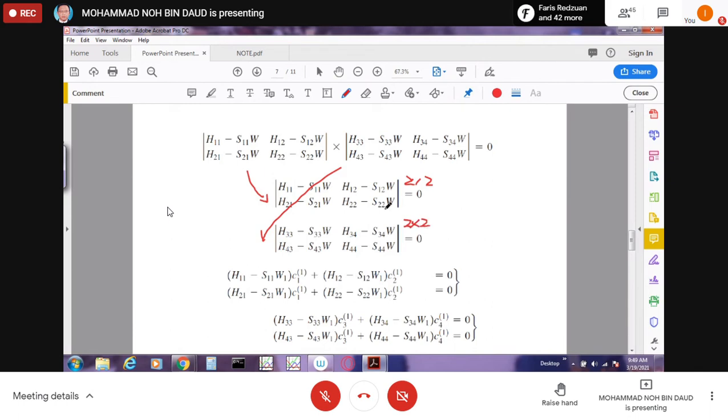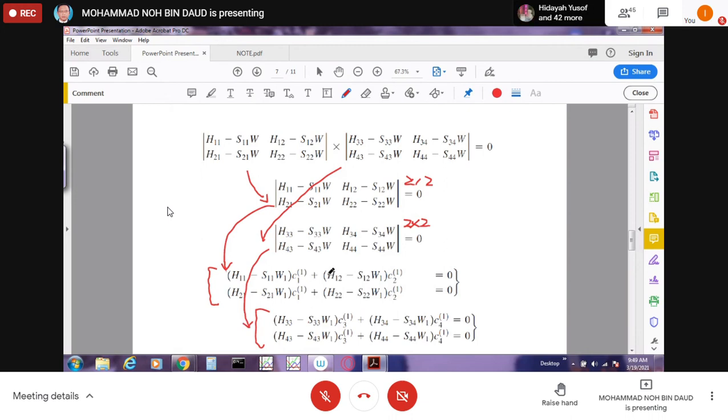And then for one of these blocks, the 2 by 2 matrix, the non-trivial solution of these simultaneous equations, and this is the non-trivial solution of these other simultaneous equations.